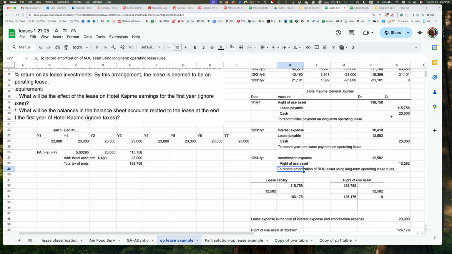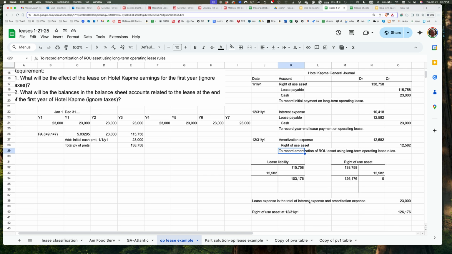That's because we have, and it's lower than the right of use asset. The right of use asset is 138,758 minus this credit here of 12,582. So we have an asset that's higher than the lease liability. And that's because we prepaid that lease, we paid it in advance, and we have an asset that's a bit higher than the lease liability.